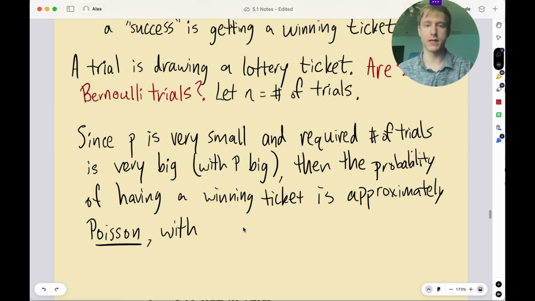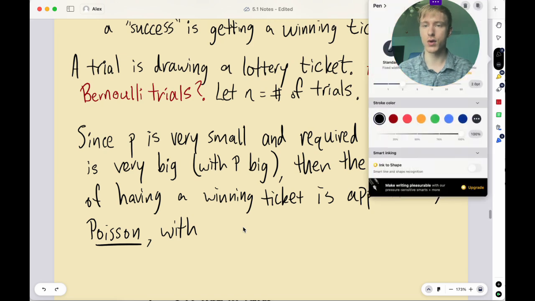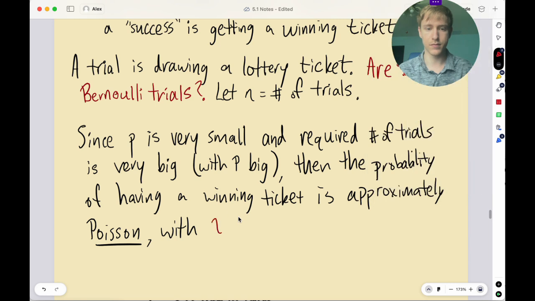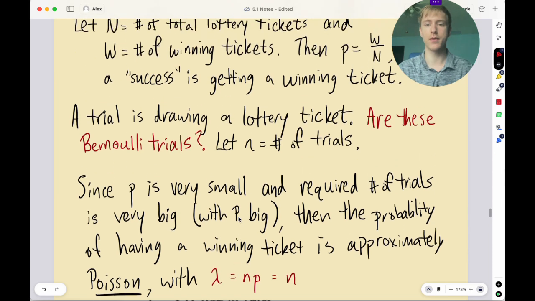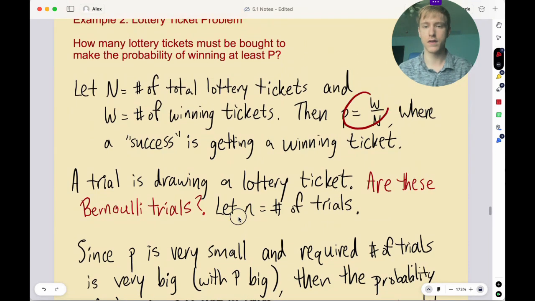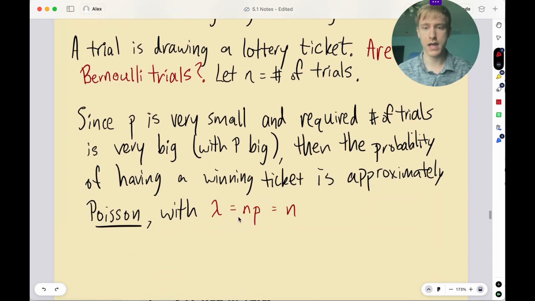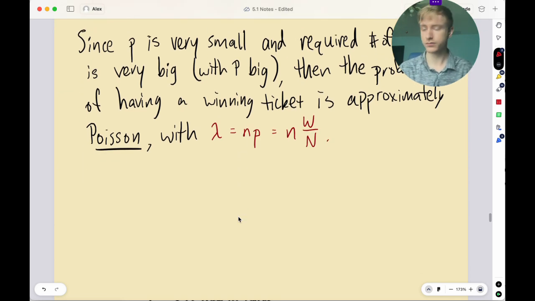Remember that we approximated lambda as little n times p, where n was the number of trials, and in this case, the probability of success is this quantity right here, capital W over capital N. That's our parameter.